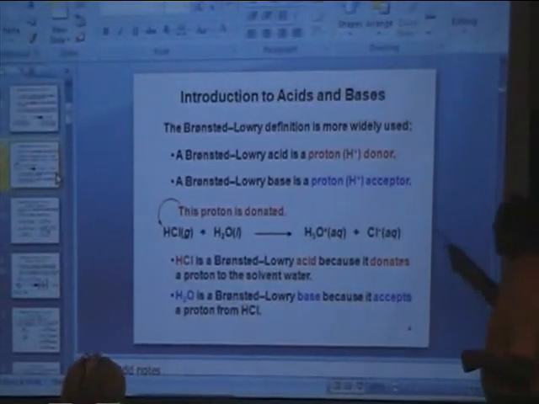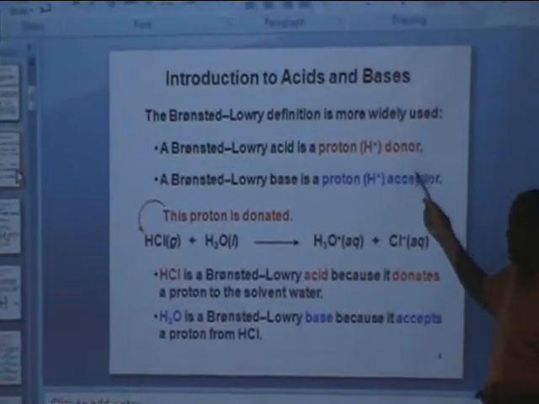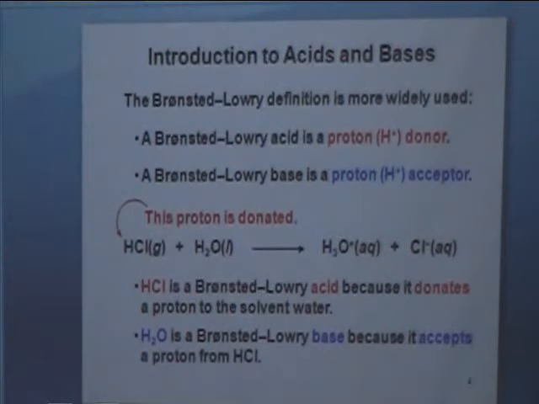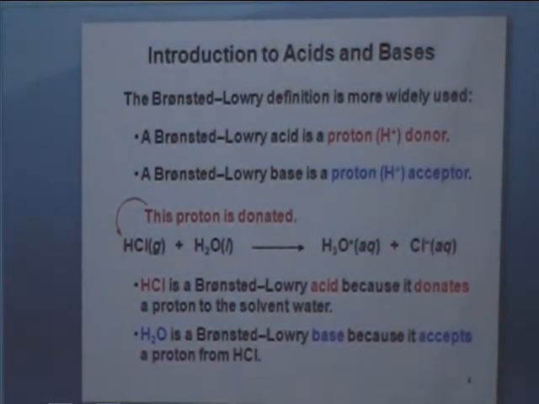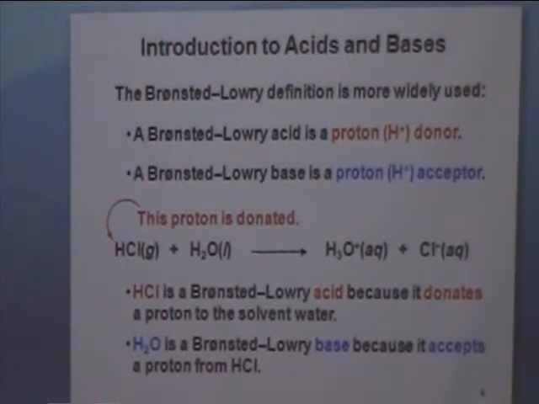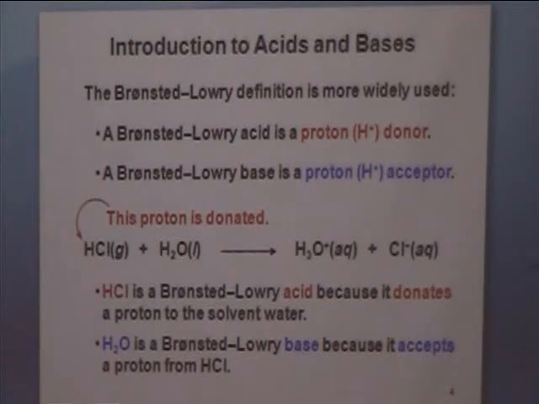So from now on, if someone asks you what the definition of an acid is, simply you can say an acid is a substance that provides hydrogen ion in a solution, or a basic substance provides OH ion in a solution.